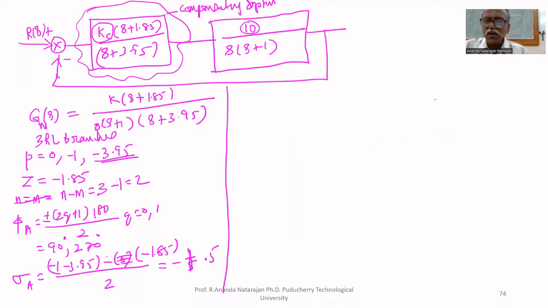Therefore, we can draw the root locus. What is that root locus?